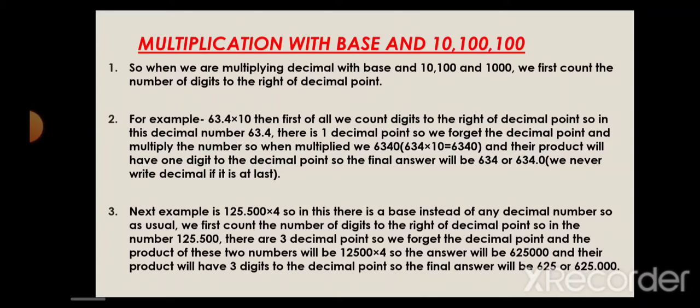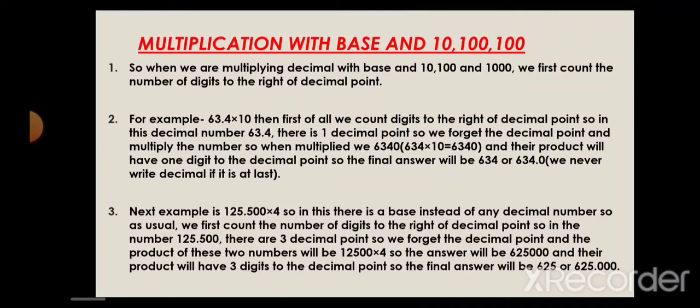We have already learned the concept of finding digits right to the decimal point, so let's move to our next step. Let's take an example, that is 63.4 multiplied by 10. Our first step was that we need to count the number of digits right to the decimal point.